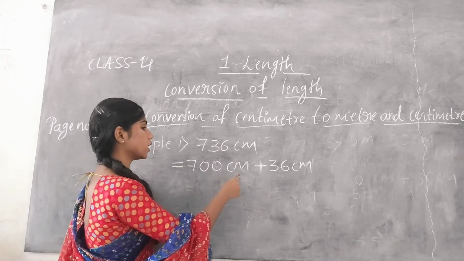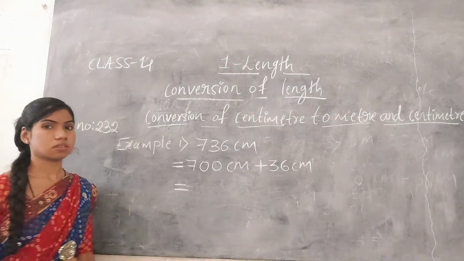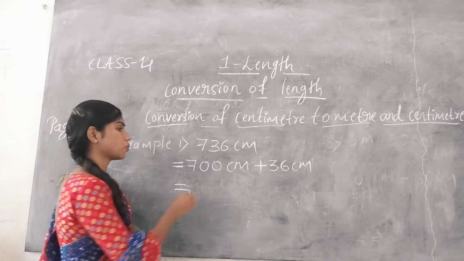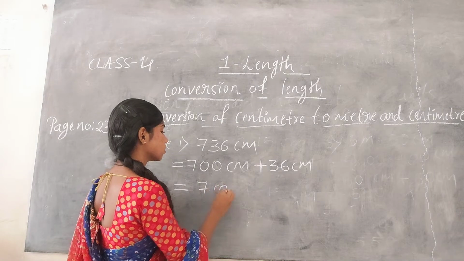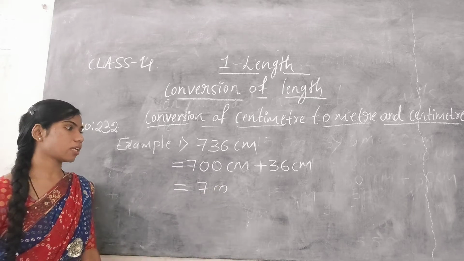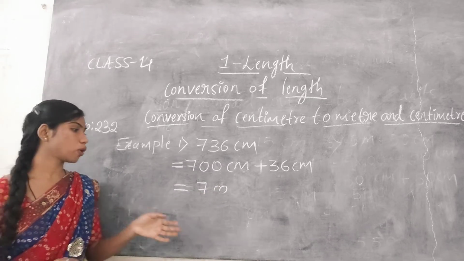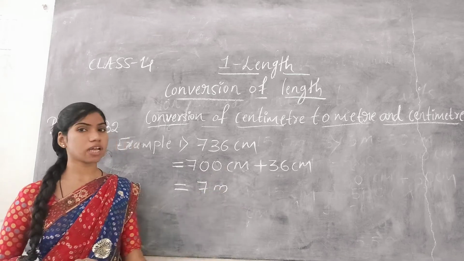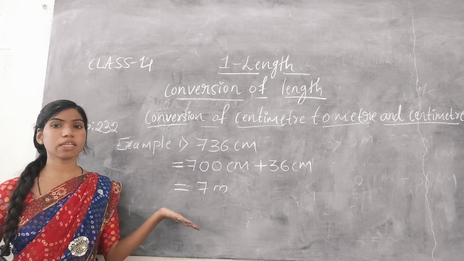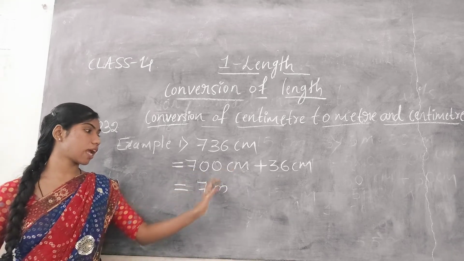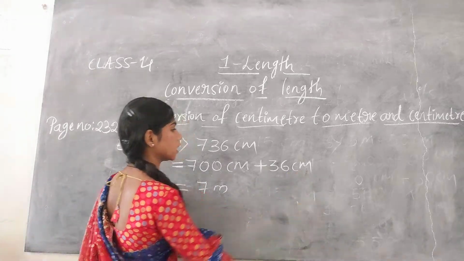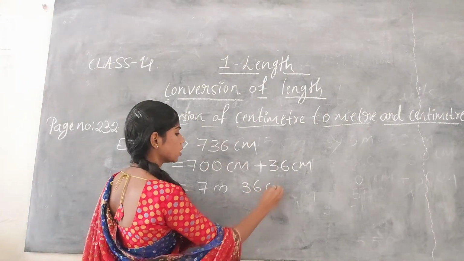So 700 centimeter we can write as 7 meter, because 7 meter is equal to 700 centimeter. Then 36 is in centimeter, so write 36 centimeter.